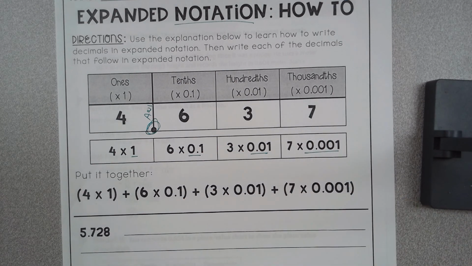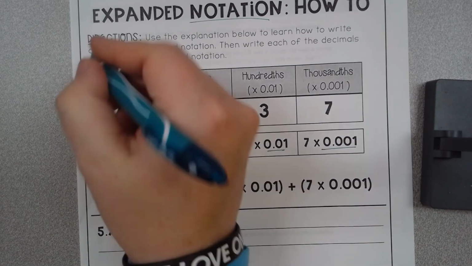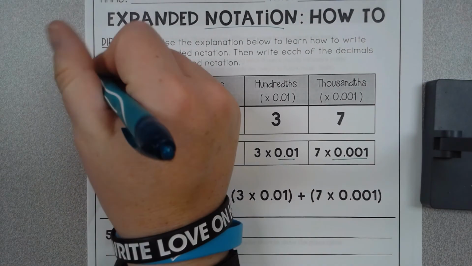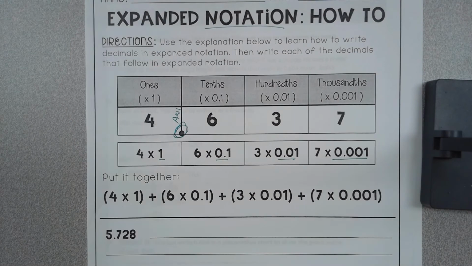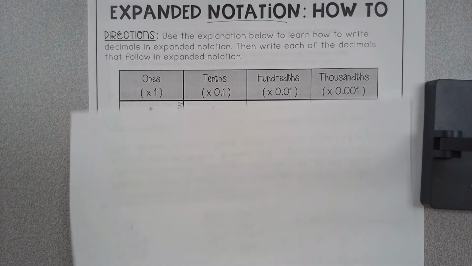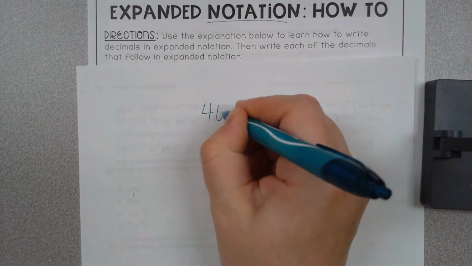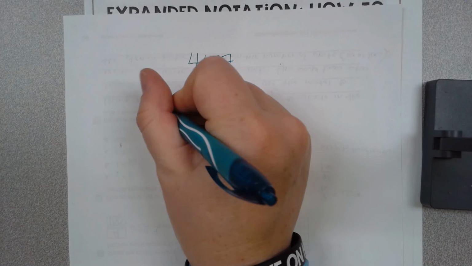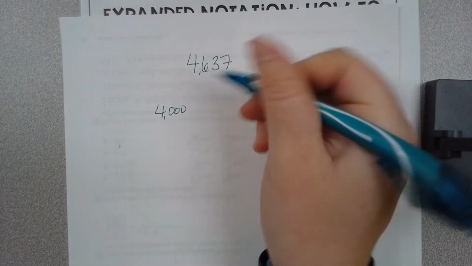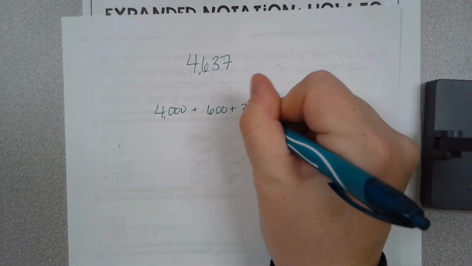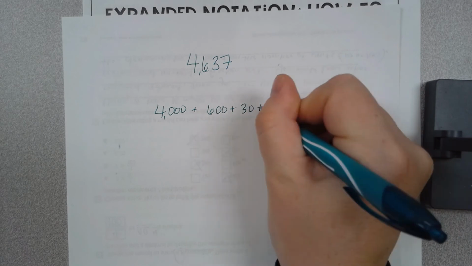Now, most of the time, y'all have been used to doing your expanded form solely. Let's say if this wasn't a decimal, let's say the number was 4,637. The way that y'all used to do this, you would do 4,000 because the 4 is in the thousands place, plus 600 because the 6 is in the hundreds place, 30 plus 7.